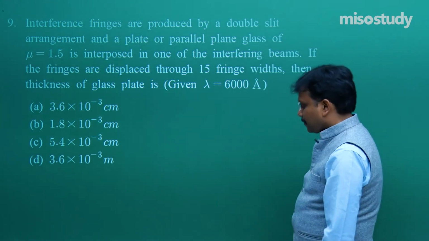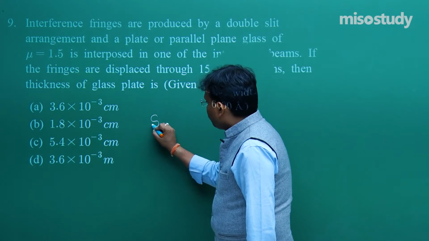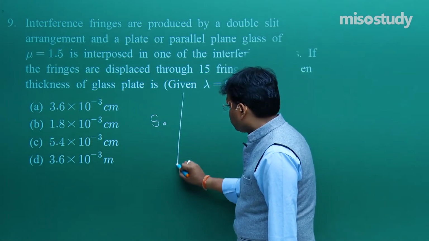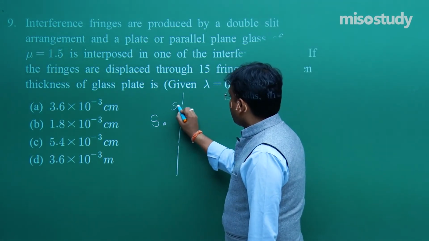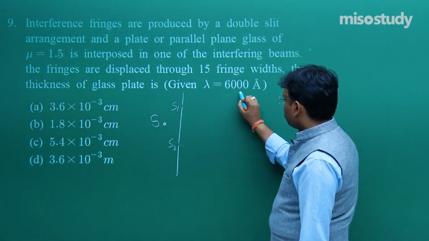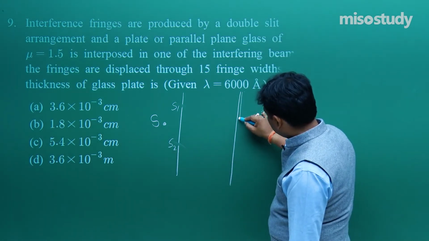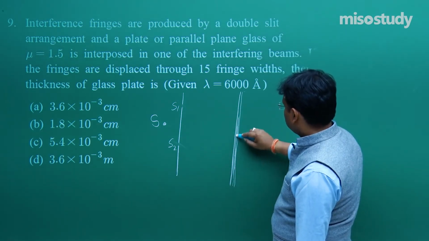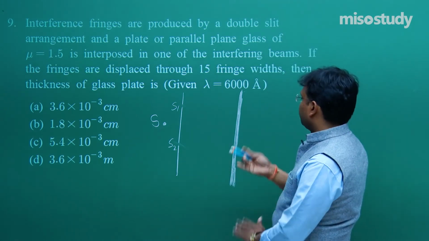Actually the problem is, let me show you once again. This is the first source. After that, these are S1 and S2, two slits. Now this is the screen.